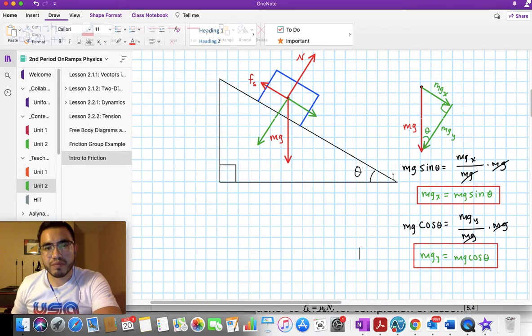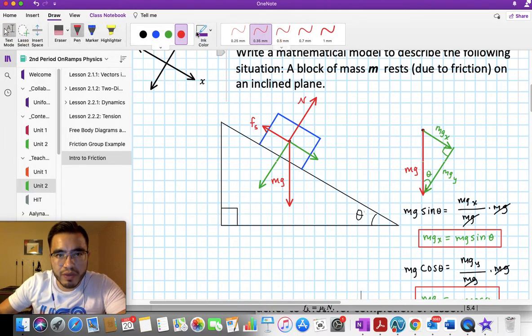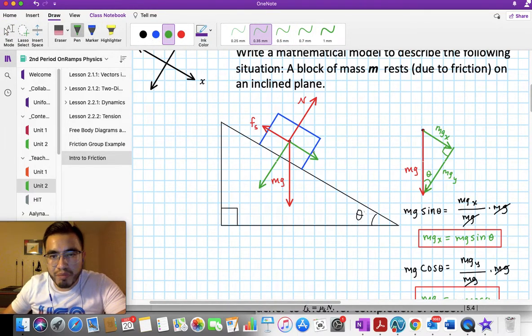There you go. So now we can add those forces, those components here, right? This is mg, the one of the x was sine theta. And this is mg cosine theta.